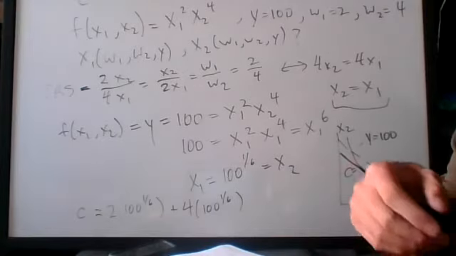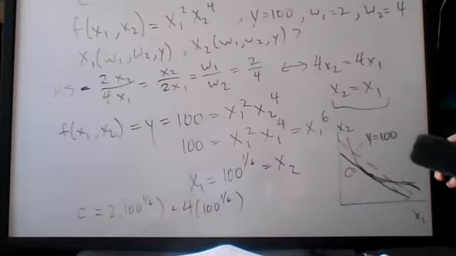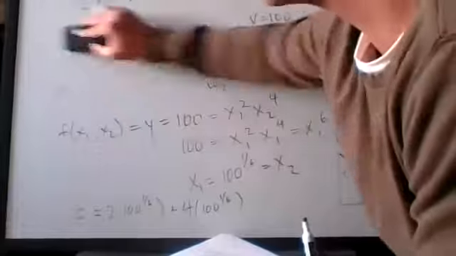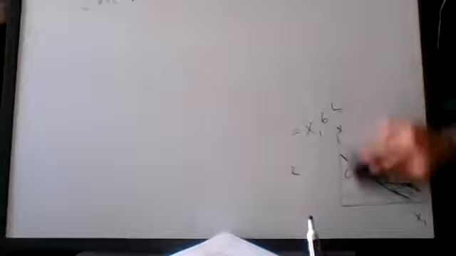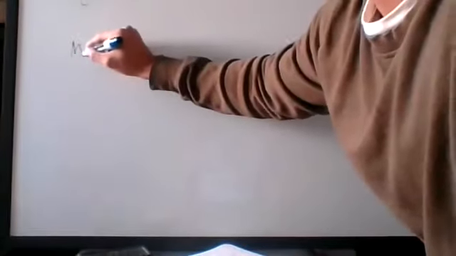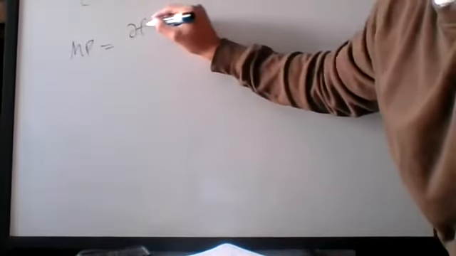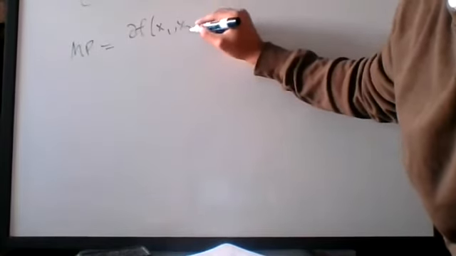All right, so I'll talk about diminishing marginal product just real quick because it'll be a little bit less bulky than doing another problem with like perfect substitutes, for example. So let's see. We have, right, so marginal product is equal to the derivative of our production function with respect to a certain good.